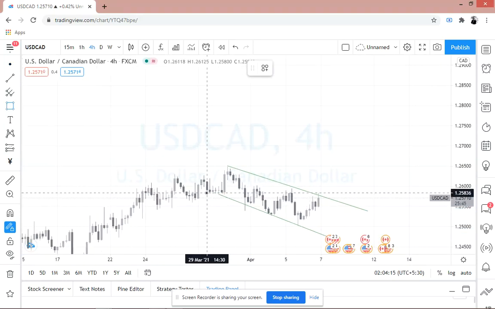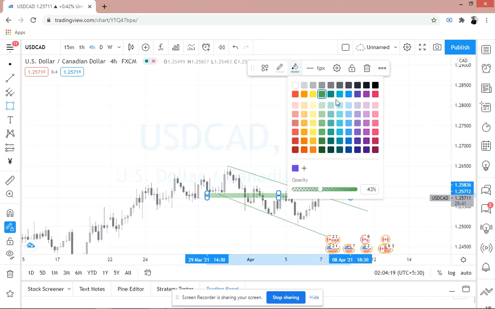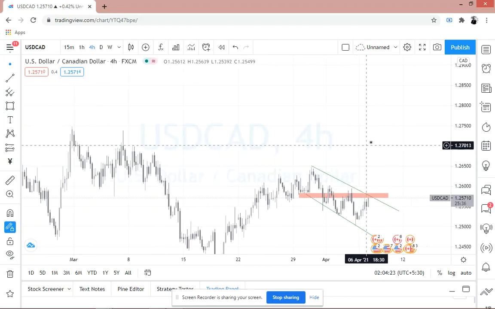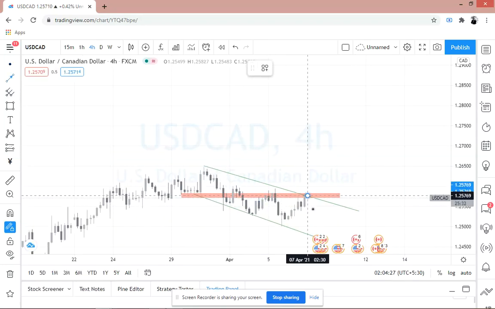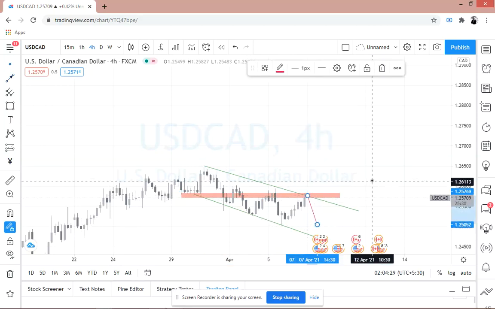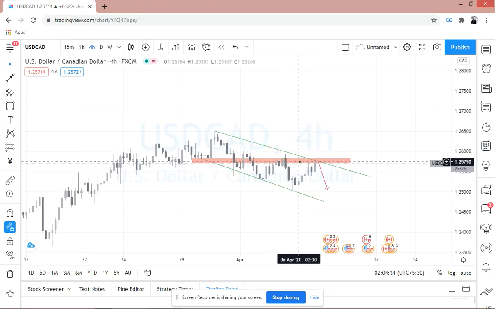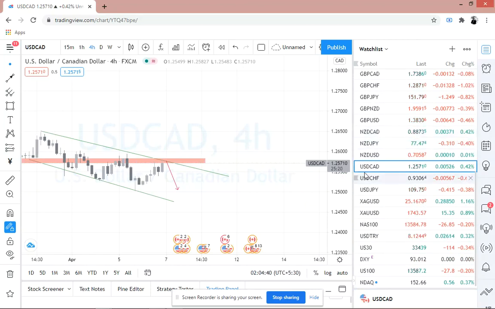Then we have a resistance zone. So as the trend is down, I expect sellers to enter from this level. So we need to wait for confirmation before we start shorting USDCAD.